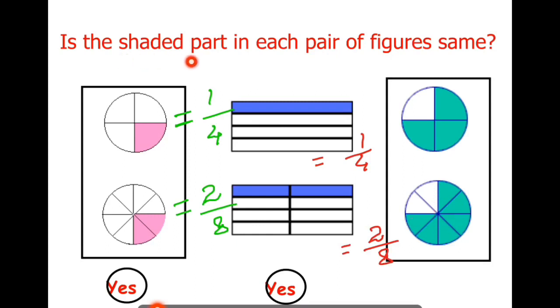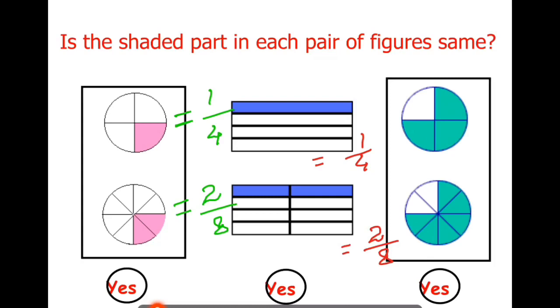So is the shaded part in this pair of figures the same or not? The answer is simply that it is also the same. So let's find it out. Yes, the answer is yes. The shaded portion is again the same.